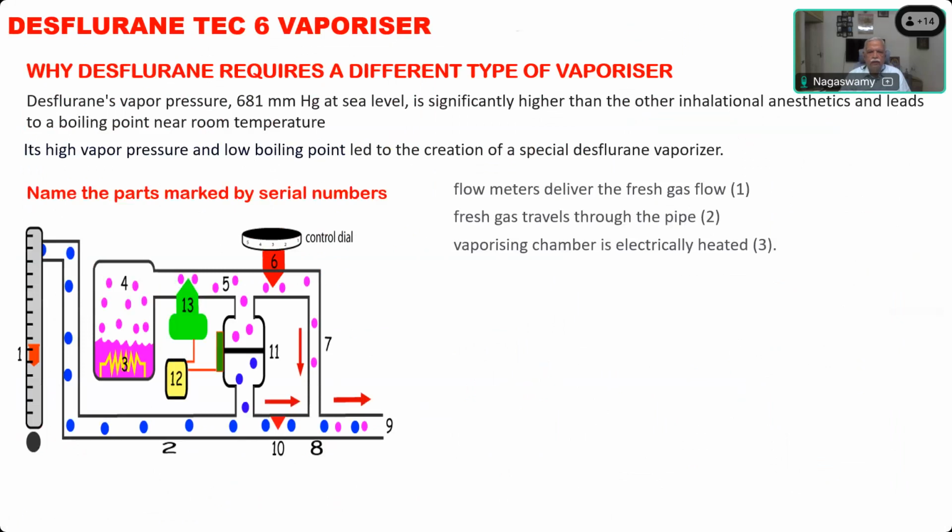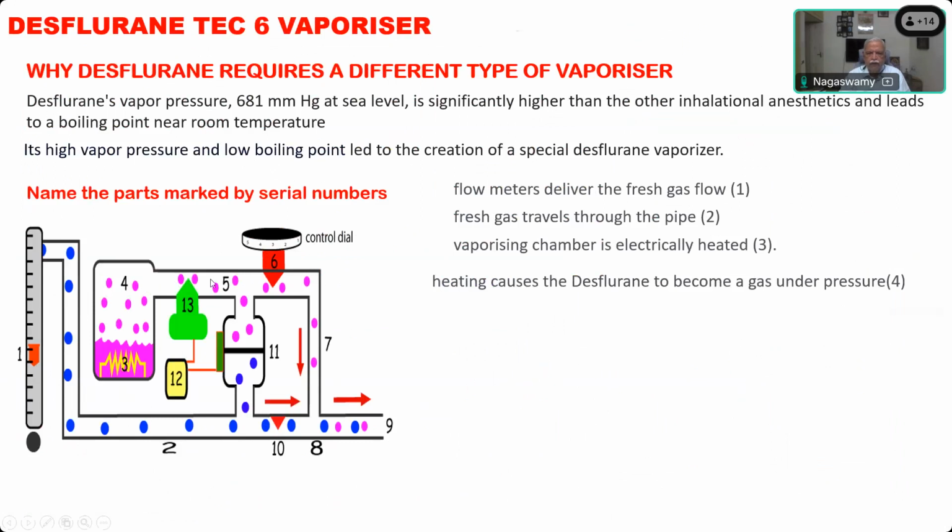So the components are: number one, flow meter delivering the fresh gas flow. Sometimes in the exam, they may give this picture and ask you. That's why I thought I will put this. So first is the flow meter for delivering the gas, and 2 is the fresh gas flow which is going there, as I told earlier. And 3 is the vaporizing chamber, and 4 is the vapors which are emanating from that, which is heated up.